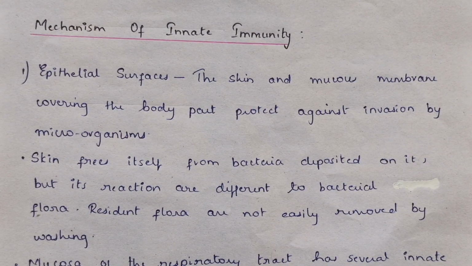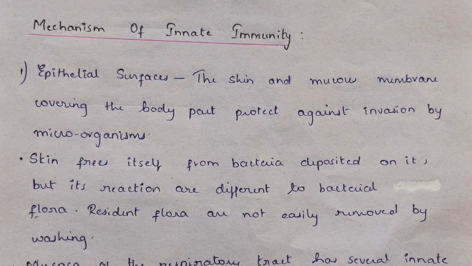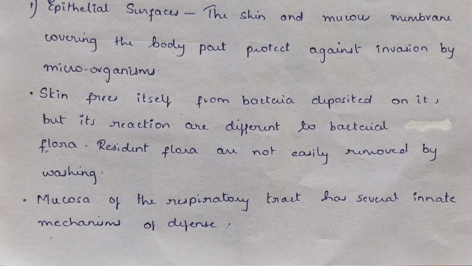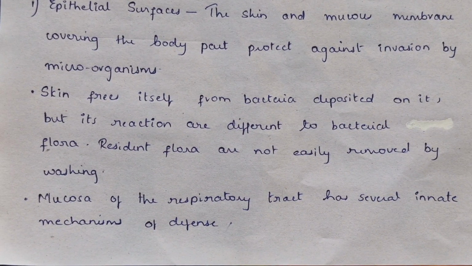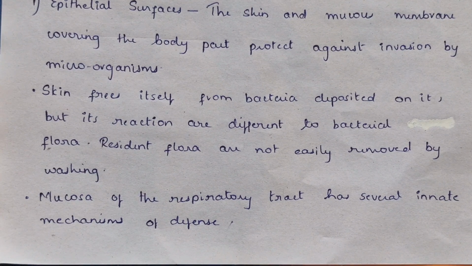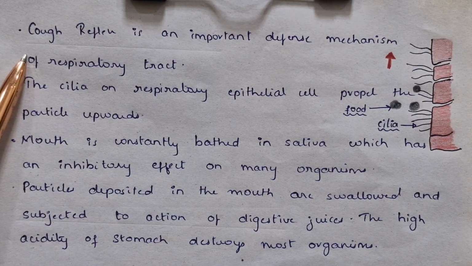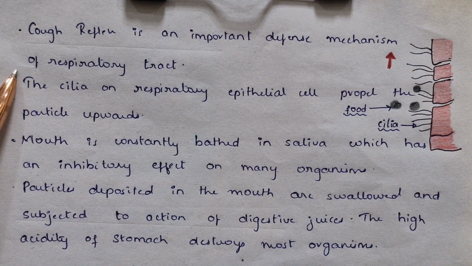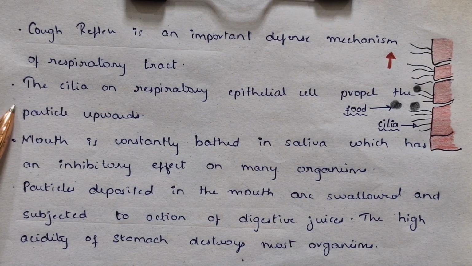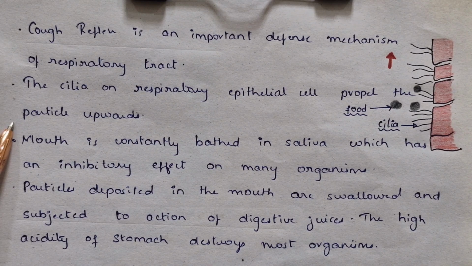Resident flora are not easily removed by washing. The mucosa of the respiratory tract has several innate mechanisms of defense. Cough reflex is an important defense mechanism of the respiratory tract. The cilia on the respiratory epithelial cells propel the particles upwards.